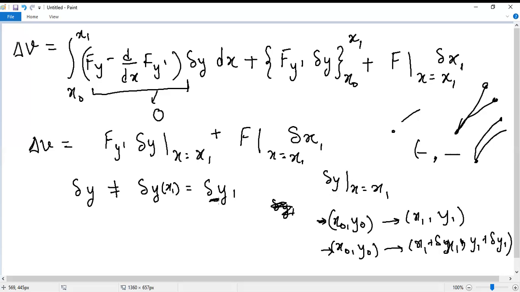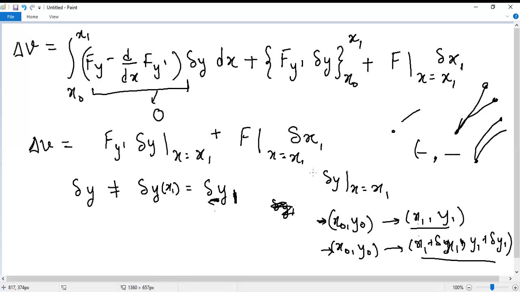What does delta y1 denote? It denotes the increment of the ordinate when the point is displaced from x1 y1 to x1 plus delta x1 comma y1 plus delta y1. So if the point is shifted from this point to this point, the change in the ordinate, the second coordinate, is given by delta y1.